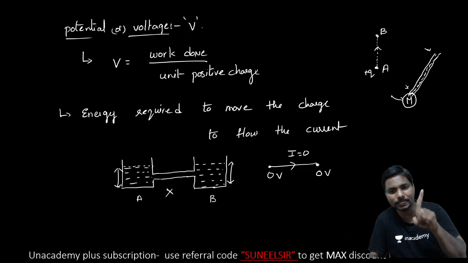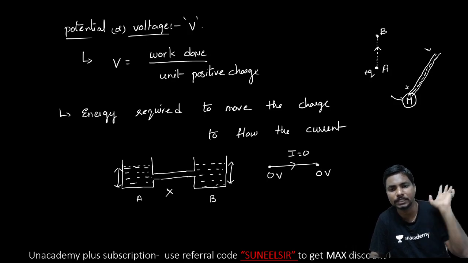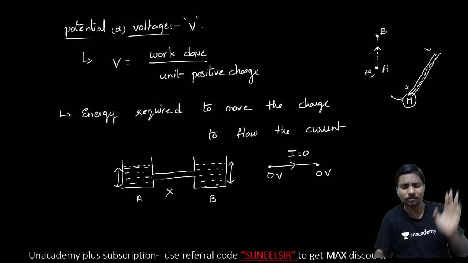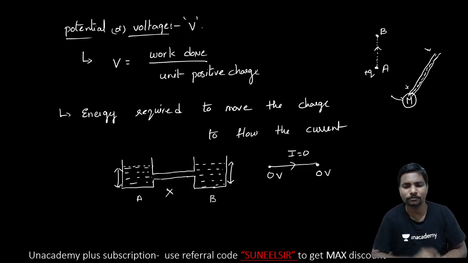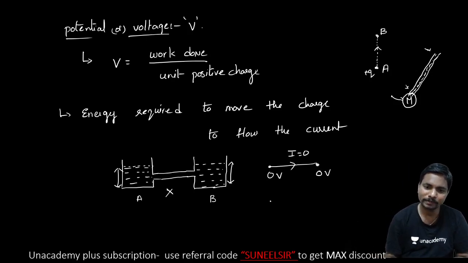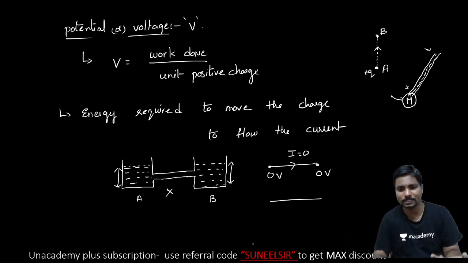So one important condition: if the current wants to flow, there must be a voltage difference, a potential difference. For example, sir, if there is the same potential at both, there is no flow of current. But if you are giving the supply, for example single phase supply 230 volts, then how will the current flow?